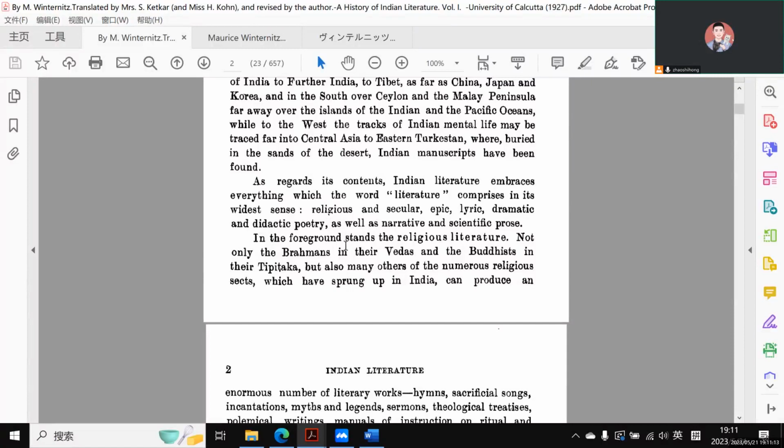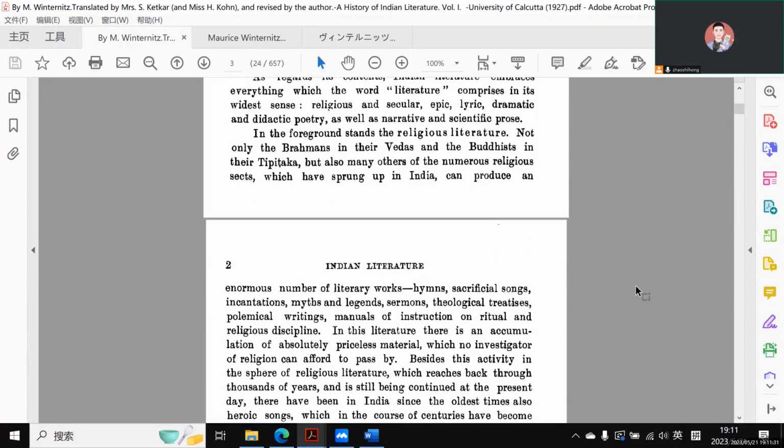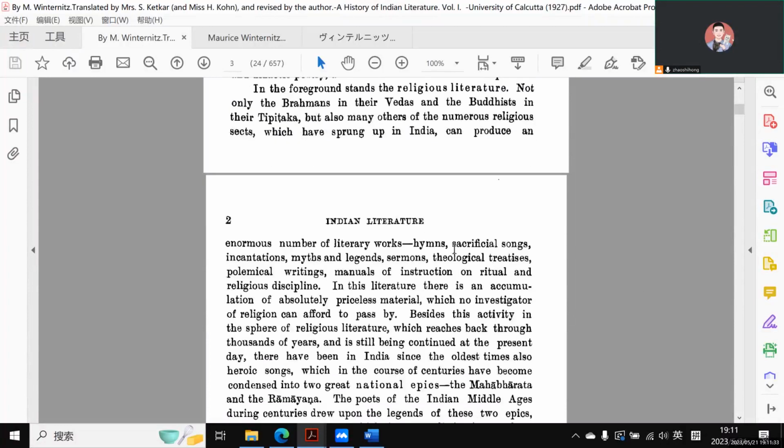In the foreground stands the religious literature, not only the Brahmins in their Vedas and the Buddhists in their Tipitaka, but also many others of the numerous religious sects which have sprung up in India, which produced an enormous number of literary works: hymns, sacrificial songs, incantations, myths, legends, sermons, theological treatises, polemical writings, manuals of instruction on ritual and religious disciplines.